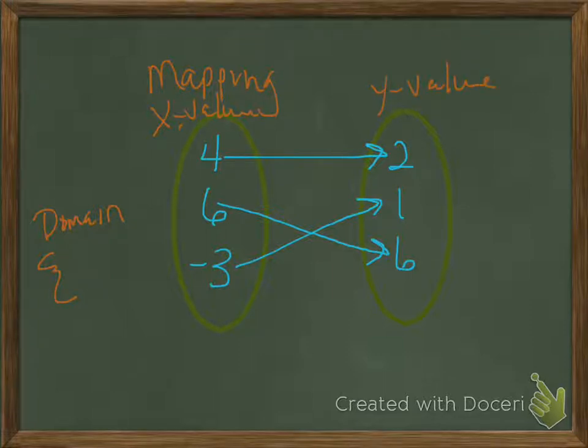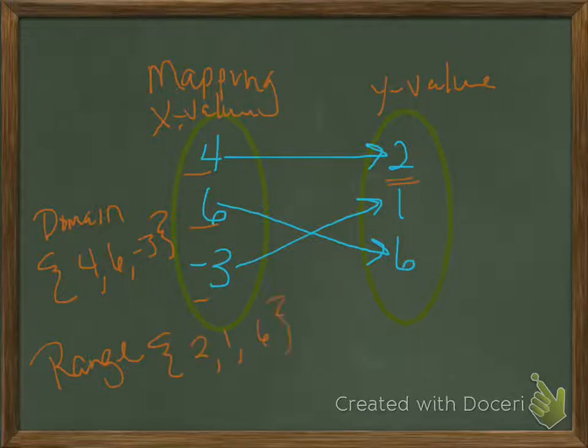So my domain would be 4, 6, and -3. And my range would be 2, 1, and 6. Those are my y values, my range.